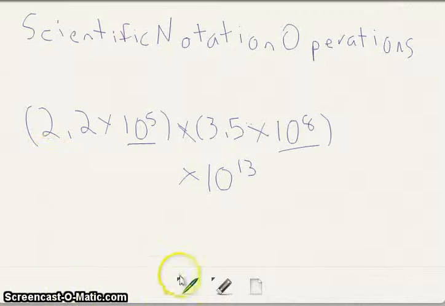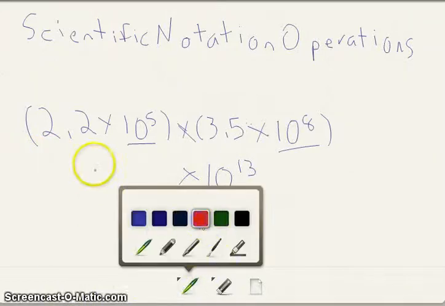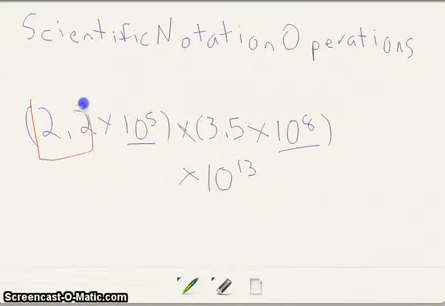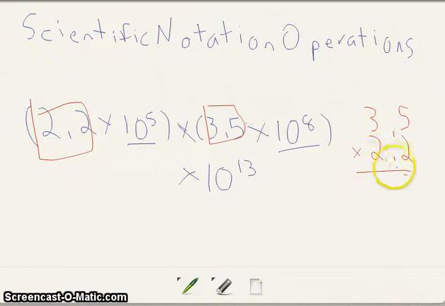And then you take your numbers that you have left over, which is the 2 and 2/10 here, and the 3 and 5/10, and you just simply multiply them. So I'm going to do 2 and 2/10 times 3 and 5/10. I switched the order using the commutative property just because I like multiplying by 2 better than 3 and 5.